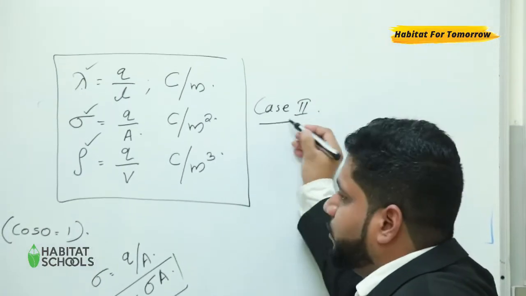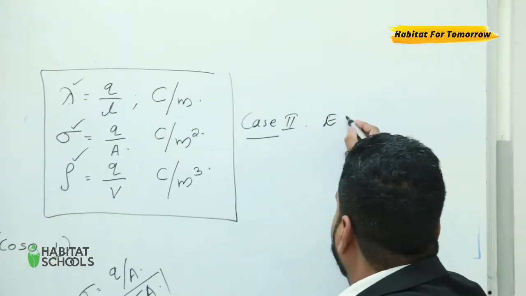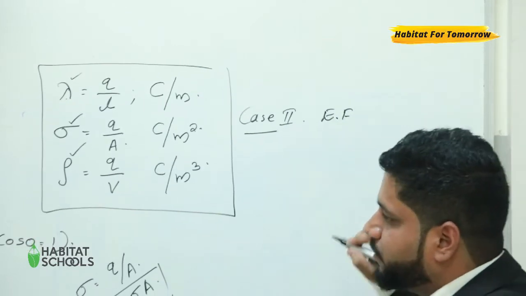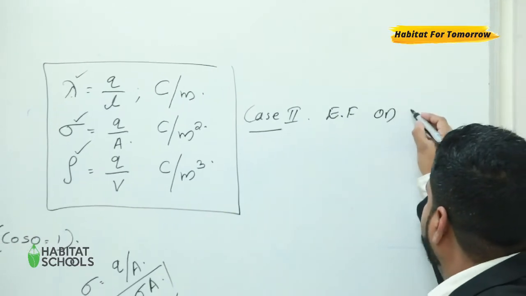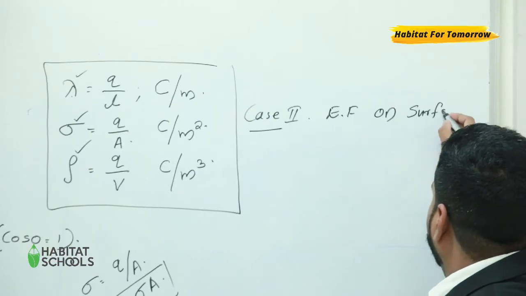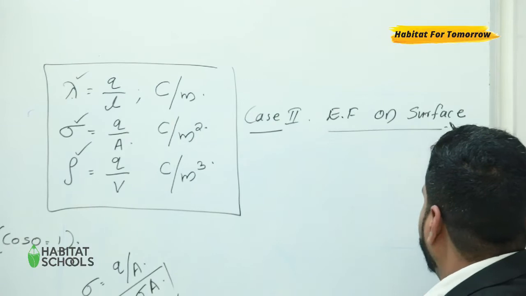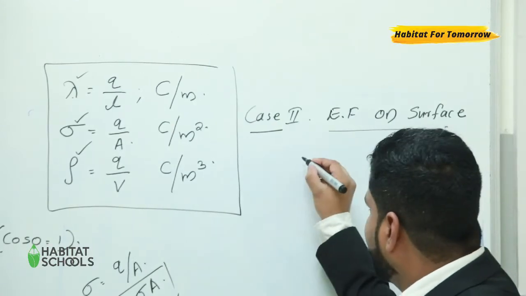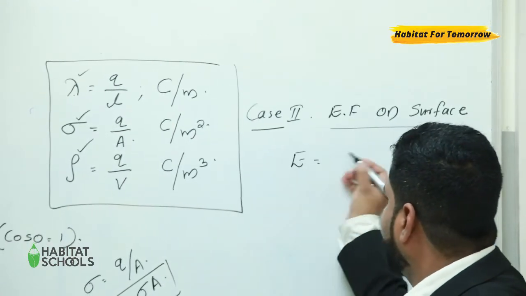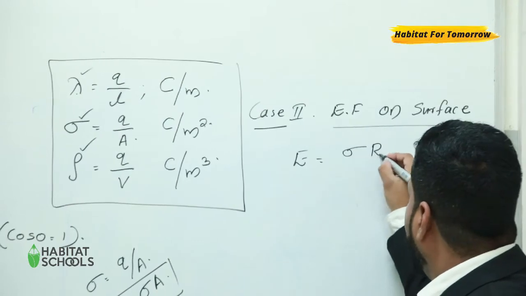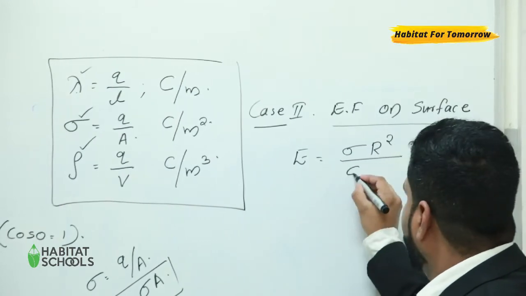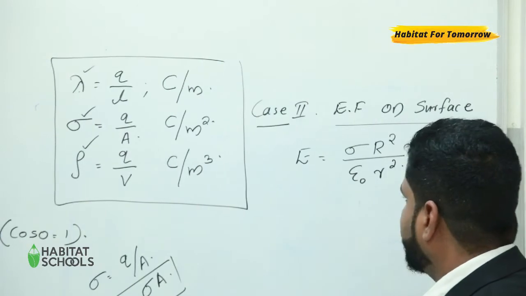Case 2, that is electric field on the surface. So here general equation is E is equal to sigma R square divided by epsilon 0 r square.